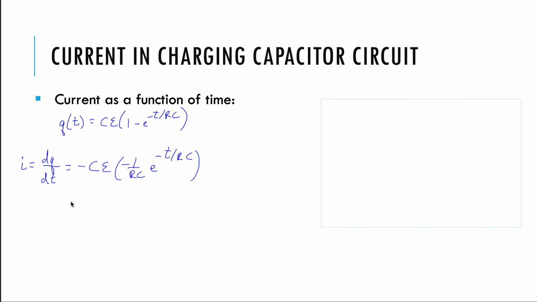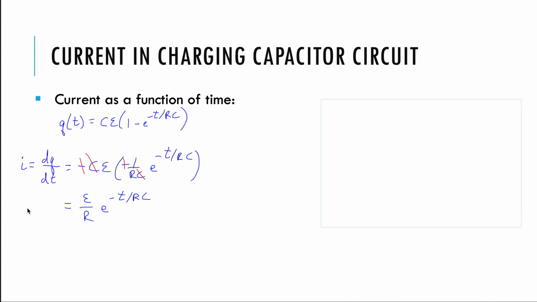And now we can simplify. The two negatives cancel out, and the C cancels out. So we end up with E over R e to negative T over RC.